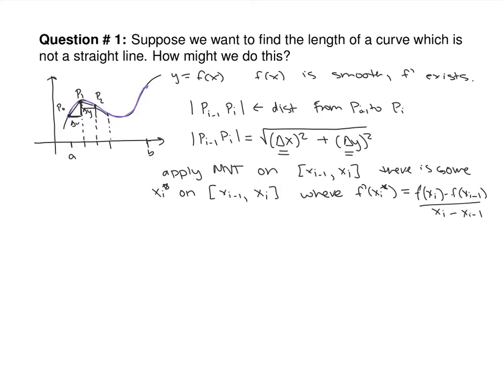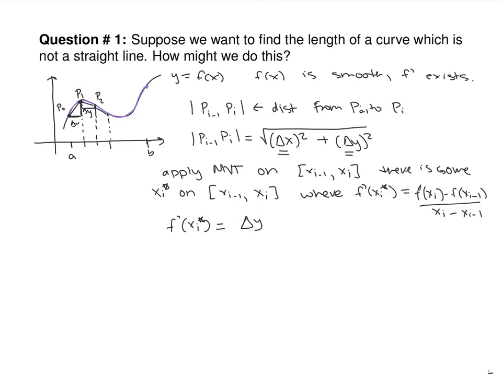And you should be thinking, well, what the heck? Why is that useful? The reason this is useful is because f of x sub i minus f of x sub i minus 1 is the difference in the y values, as in the y value at the second endpoint minus the y value at the first. That is the same thing as delta y.